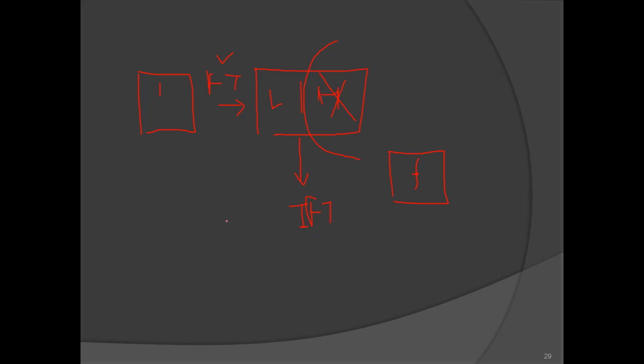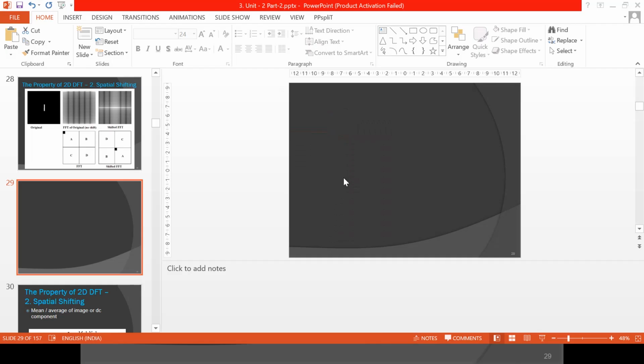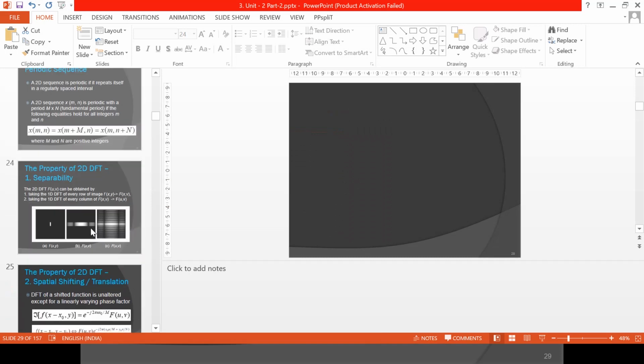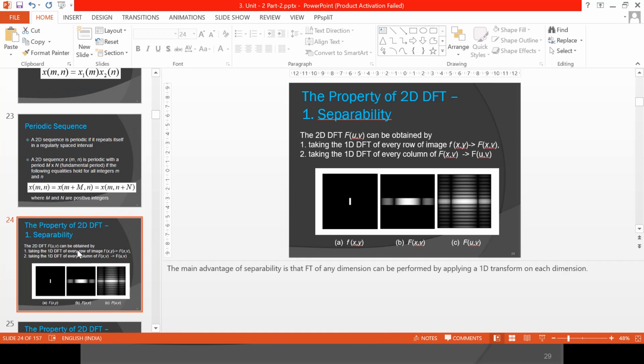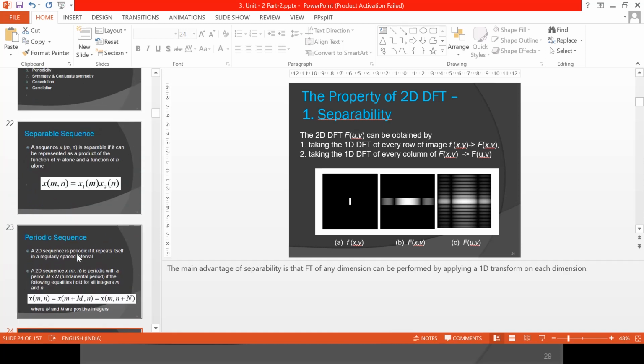So I will get a smoothing effect. This is the advantage of using the Fourier transform. Some things which were not accessible in the spatial domain become accessible in the frequency domain. Then we have seen the advantage of the separability property. It makes calculation simpler, right?